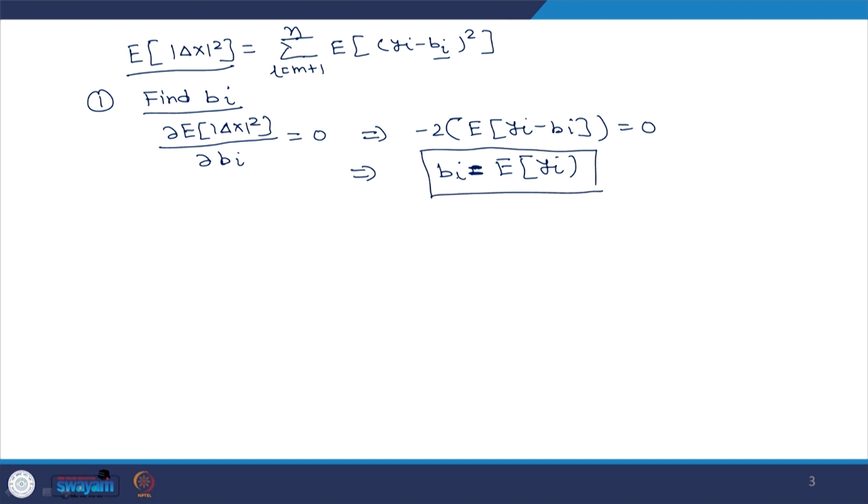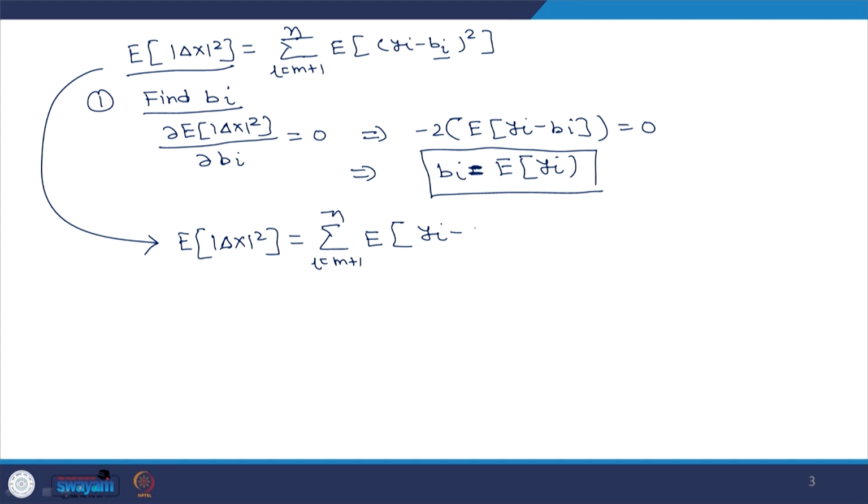So, now substitute this value of bi here. So, what I will be having, E of delta x square equals to summation over i from m plus 1 to n E of (yi minus E of yi) square, where yi is given by x transpose phi i.